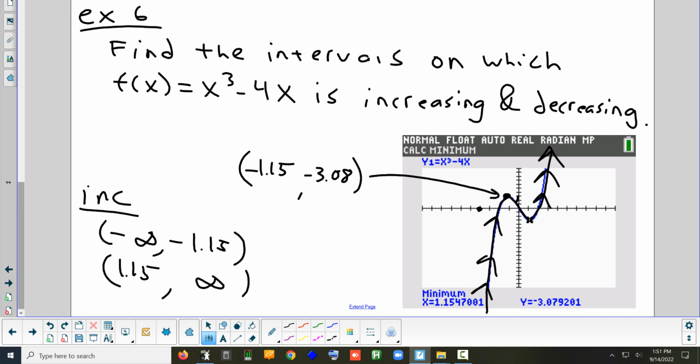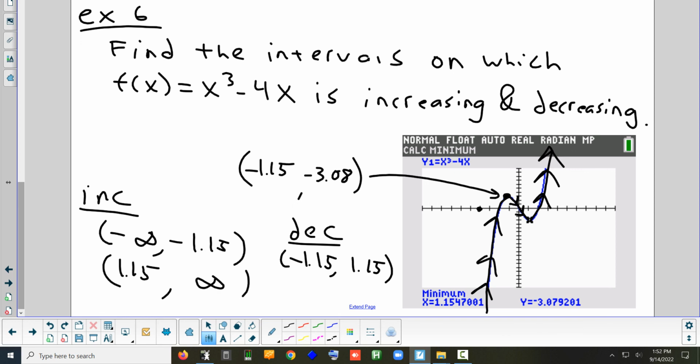This section in the middle is decreasing. What's that interval in the middle? From what to what? Yep. Negative 1.15 to positive 1.15 describes where it's decreasing.